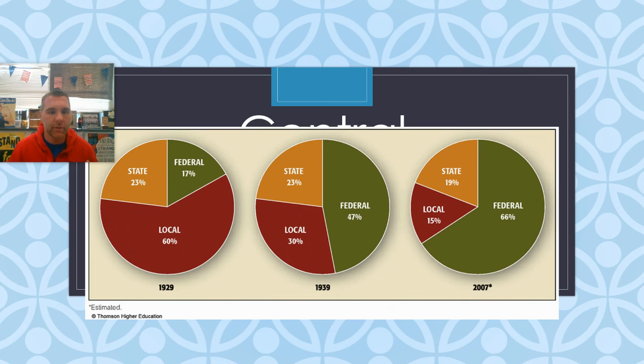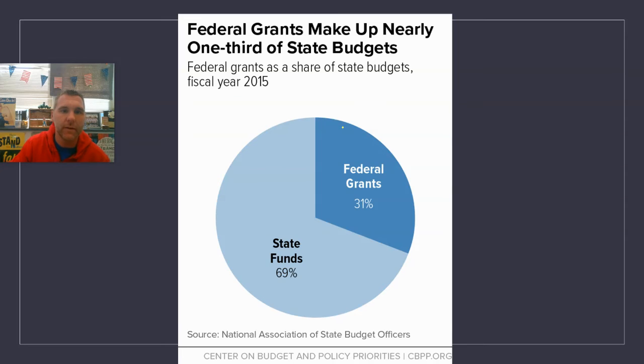Here's just showing you a picture. And again, I know it's outdated, but it shows you how much the federal government's going to get involved. When you look at budgets of states, it's going to come mostly from the federal government now, in which the federal government has an extraordinary amount of influence over the states, and where that spending is coming from. And we'll talk about some of the reasons behind that.